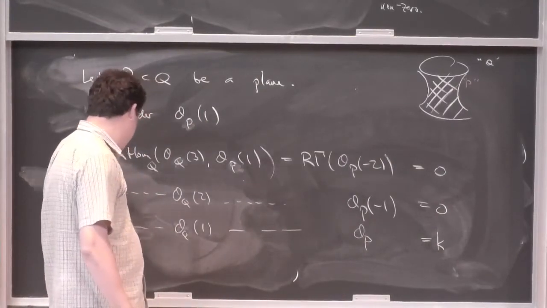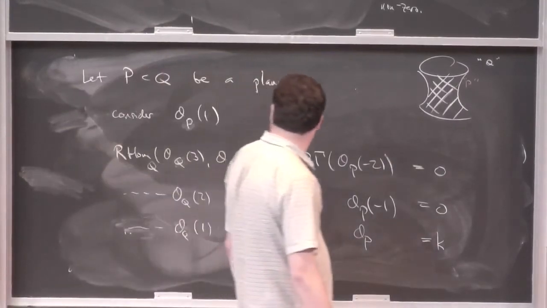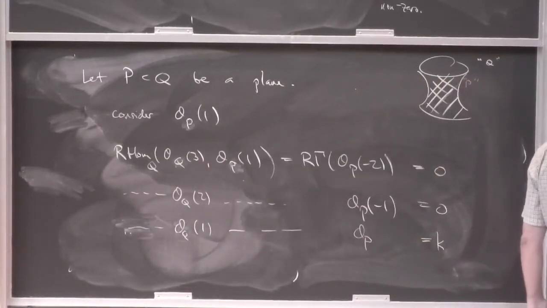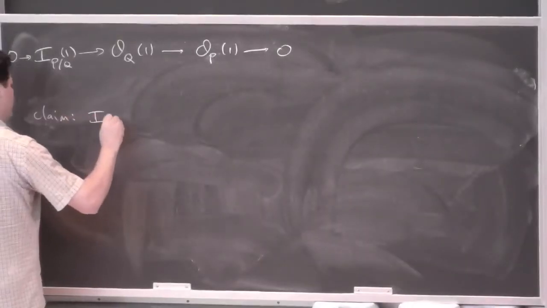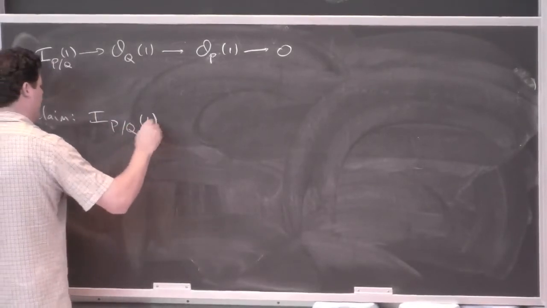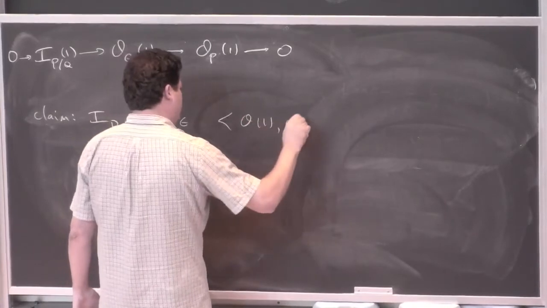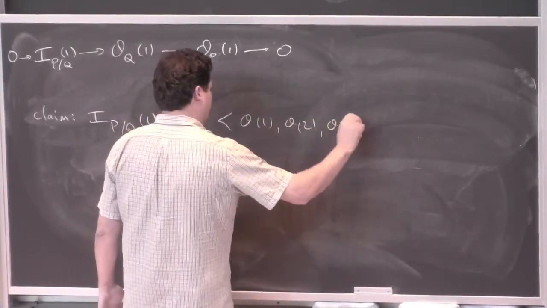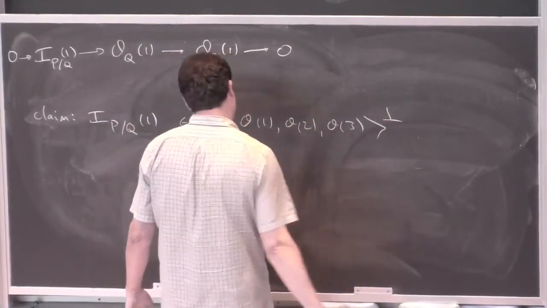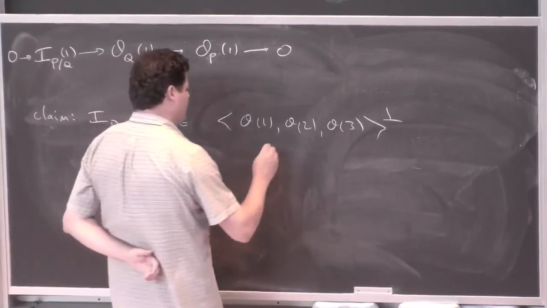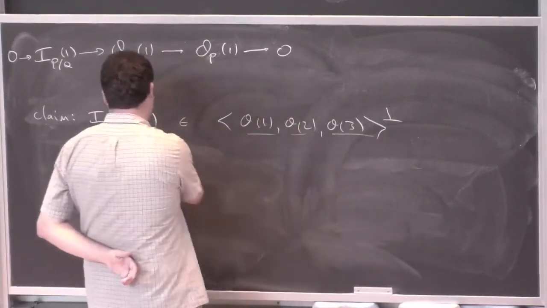So now, I claim that the ideal of P in Q twisted by 1 is now orthogonal to O of 1, O of 2, and O of 3. Right? If I take Ext from any of these 3 to here, I get 0.